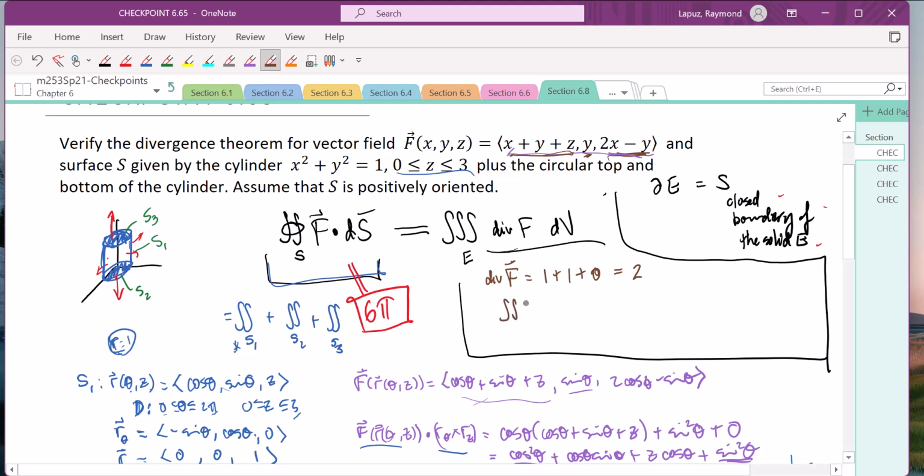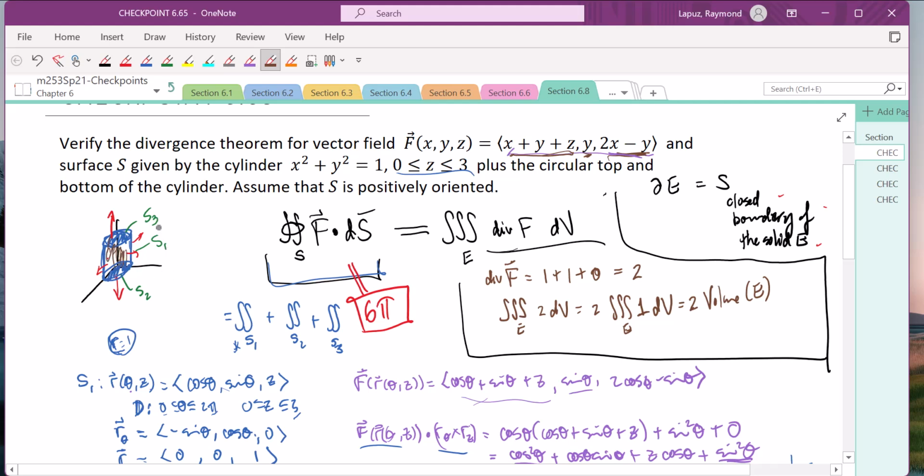So what do we have? The triple integral over E, this cylinder, of 2 dV. Well, remember what the triple integral of 1 dV over some object is. That is simply the volume of E. And E is a solid cylinder.